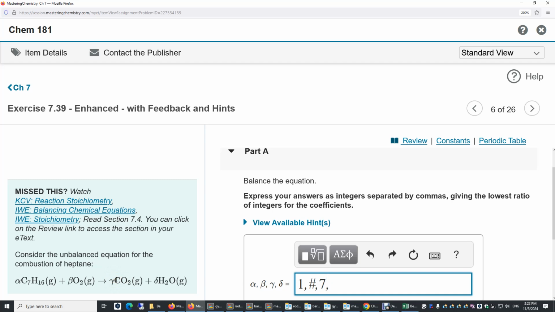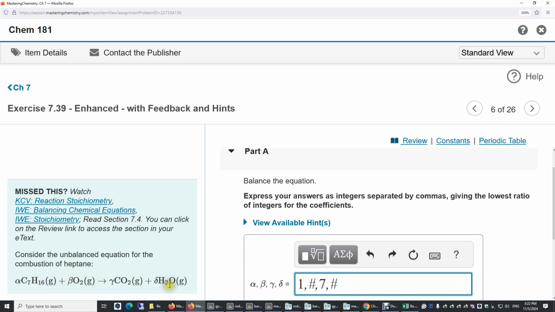Alright, and then I put another pound sign here, to be determined. Now let's look at hydrogen. On the left hand side of the equation, I have carbon 7, hydrogen 16, and also O2. O2 does not contain hydrogen atoms, so it's just here in heptane. When alpha is 1, we have 16 hydrogen atoms.